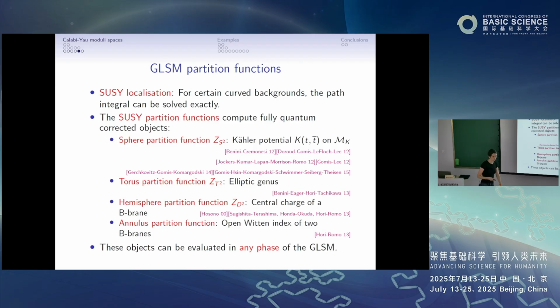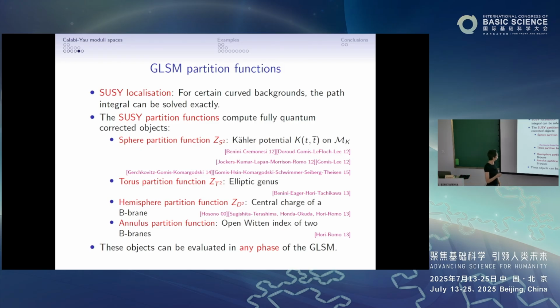Okay, so I think this already was very well established in the 90s and 2000s. So what made the GLSM much better than it used to be was the realization that you can apply supersymmetric localization onto GLSM. It's a nice SUSY gauge theory. We can do this.